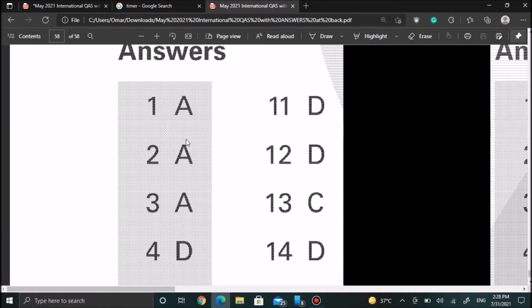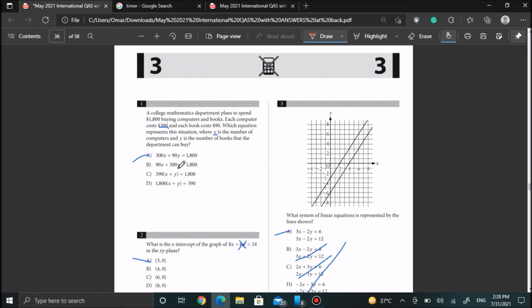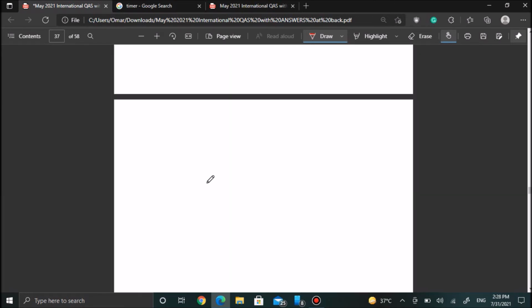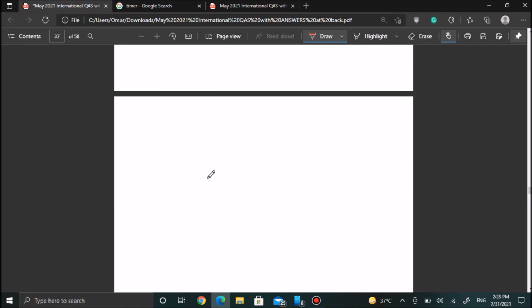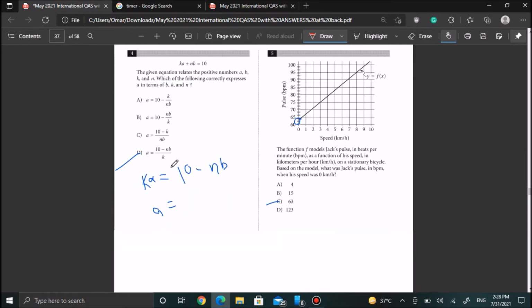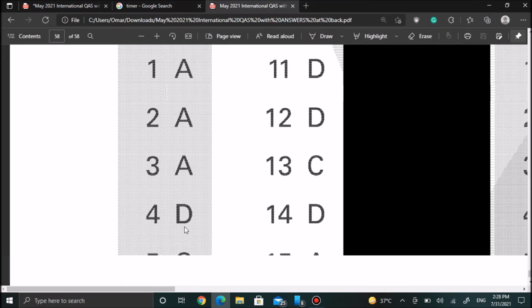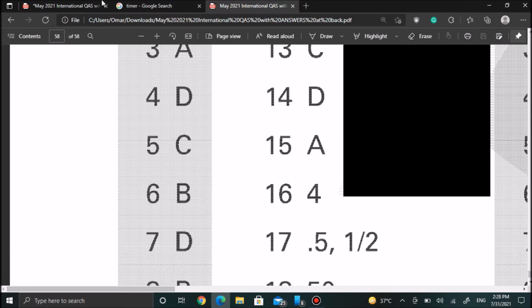So look here, we have a triple A and then a D. So A. Come on, the PDF is so annoying. And then a D. And then we have what? We have a CBD.